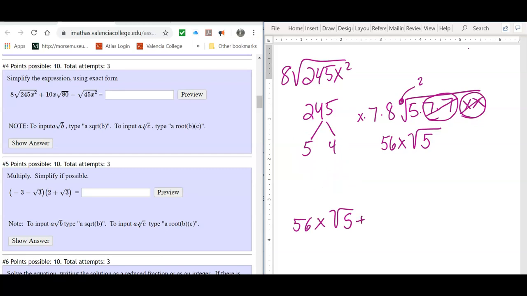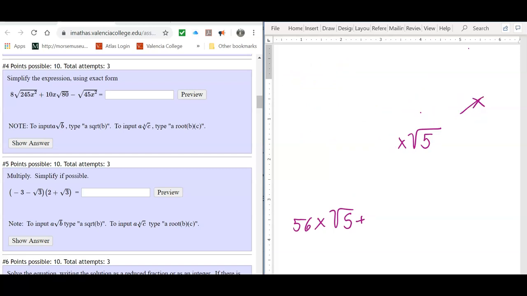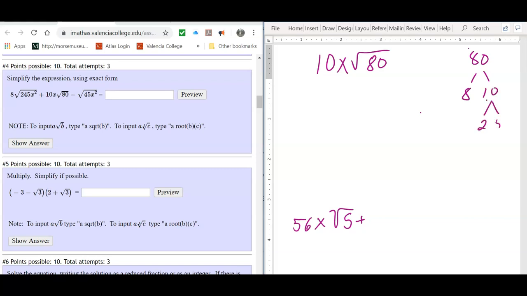Let's try the next radical. The next radical says 10x squared to 80. So I can make that little tree again and say that's 8 times 10, and then I could say 2 times 4. And I'm going to be left with 4 2s and a 5.